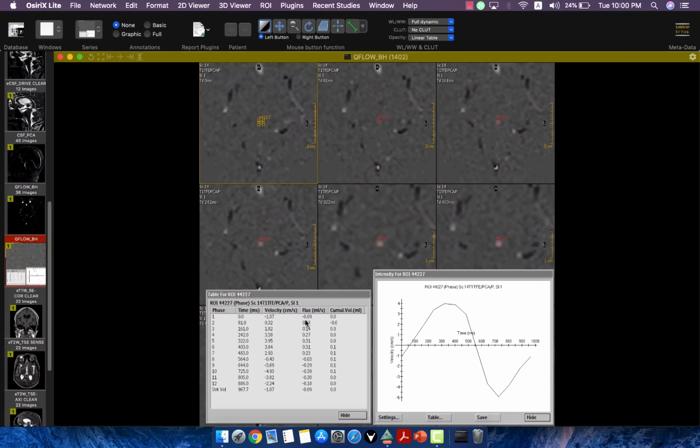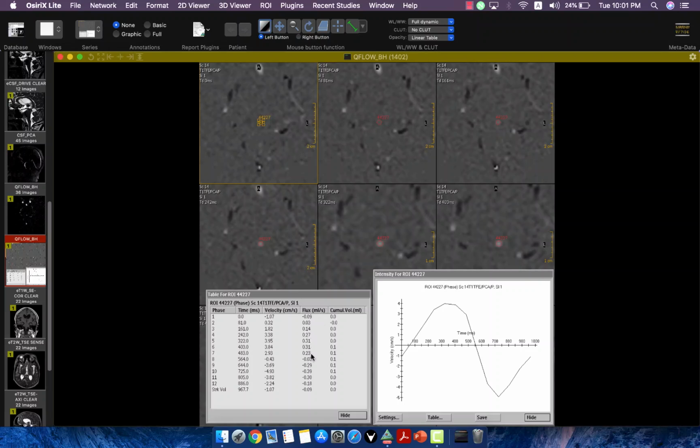The stroke volume in the systole is equal to the mean systolic flow multiplied by the duration of the systole. The systole here is usually represented by the negative values in the curve that are below this line. So we add the flow values that are negative, this number and this number and this number, all the negative values, and divide by how many there are.